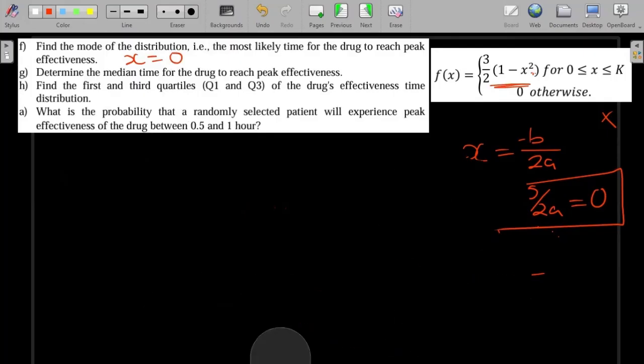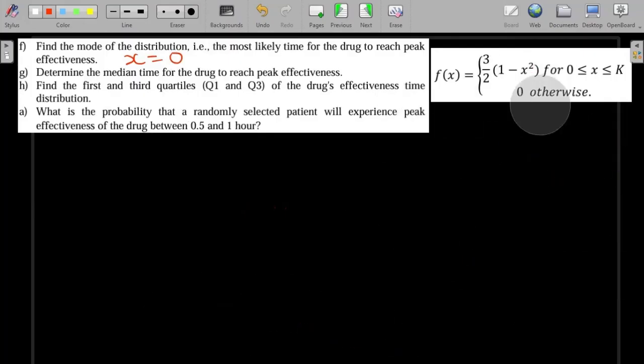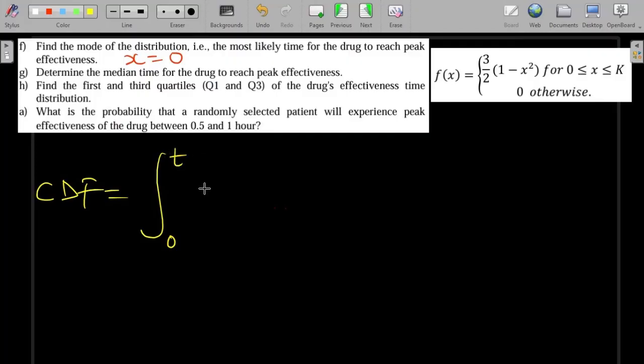Okay, and then the median. Whenever we are asked for the median, we first have to find the CDF. The CDF is equal to the integral from the lowest limit, which is 0, all the way up to a variable, let's say t. And then we can put our function here, then dx.